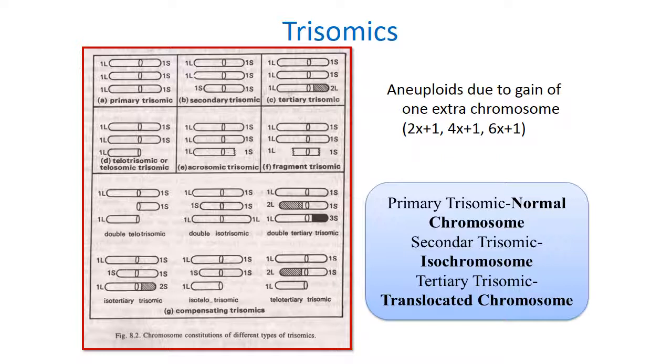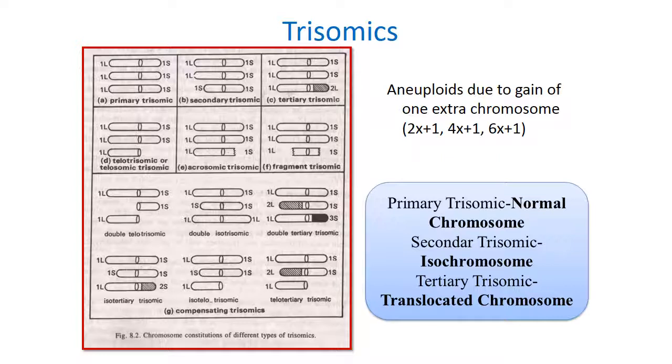There is further division like telotrisomic or telosomic trisomics, acrocentric trisomics, fragmented trisomic, double telotrisomic, double isotrisomic, double tertiary trisomics, isotertiary trisomics, isotelotrisomics, and telotertiary trisomic. In the last section, the sixth classification given comes under compensating telotrisomics.